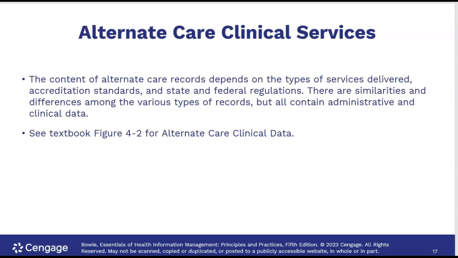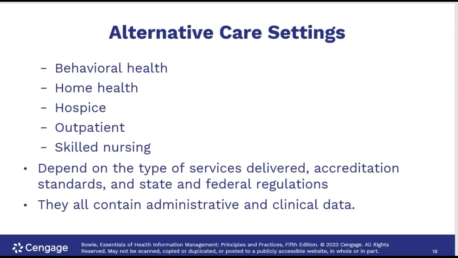Okay, so then we have your alternate care. With this, as I stated before, there are similarities with the type of records. Once again, they all contain administrative and clinical data. So behavioral health, this could be anything with mental health.